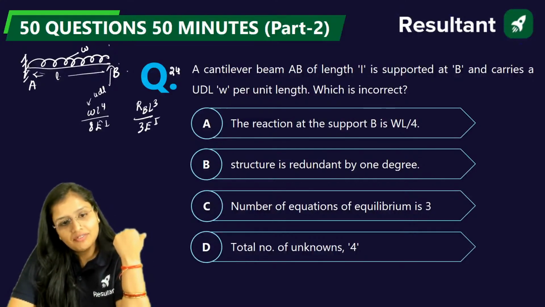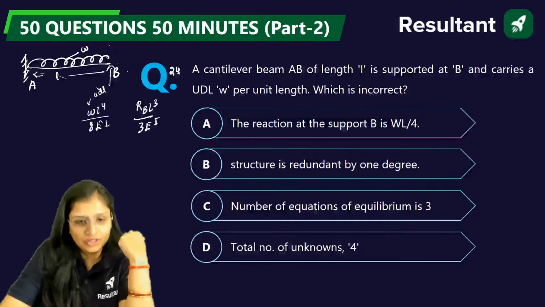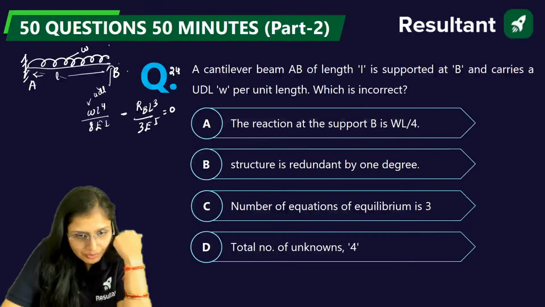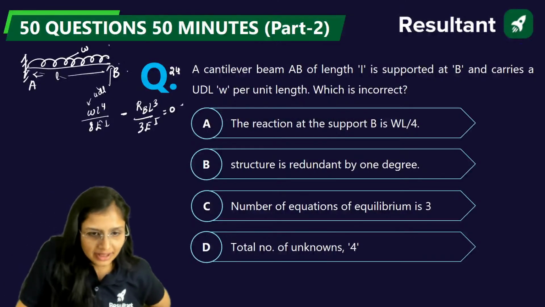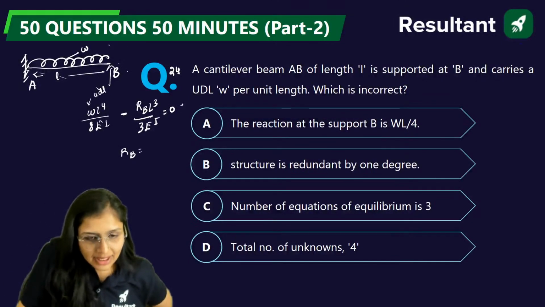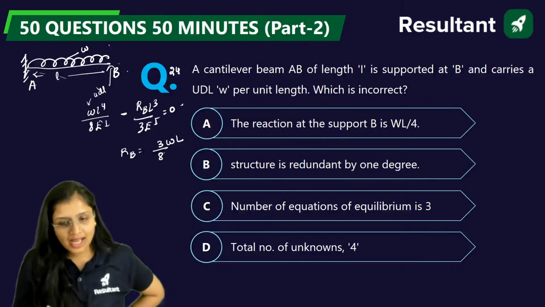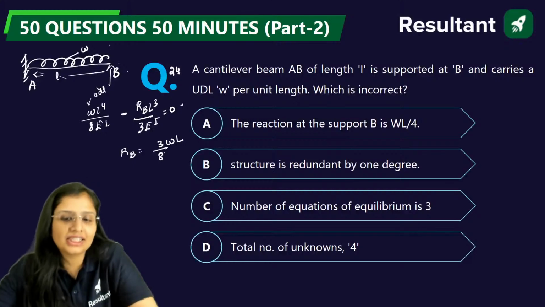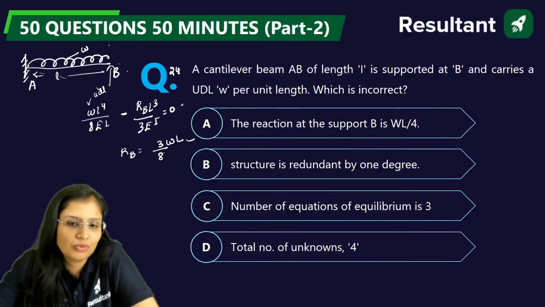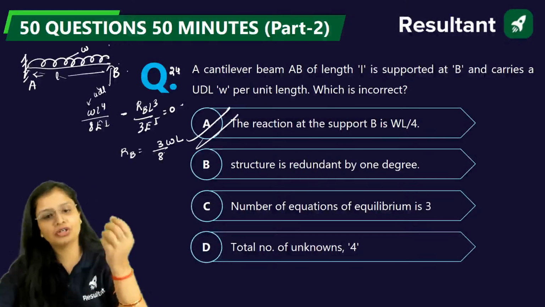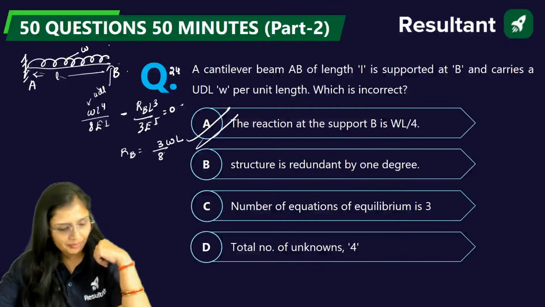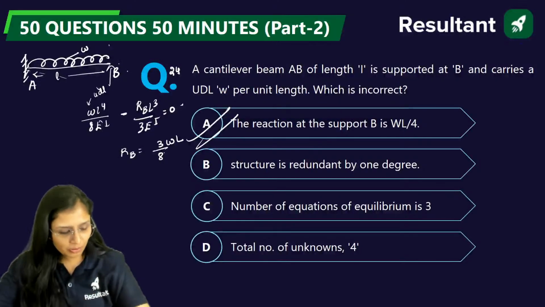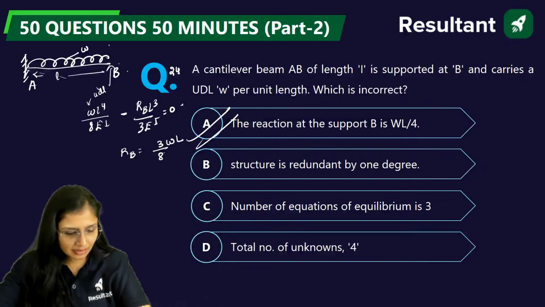One is causing the deflection downward, one is causing it upwards. Solve it and you will get 3/8 WL. Here in the question it is given the reaction at support B is WL/4, which is very incorrect. Just now you calculated it is coming 3/8 WL. So A is the incorrect one. Is it clear?